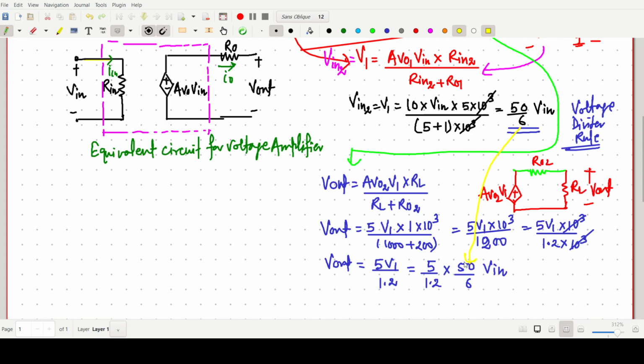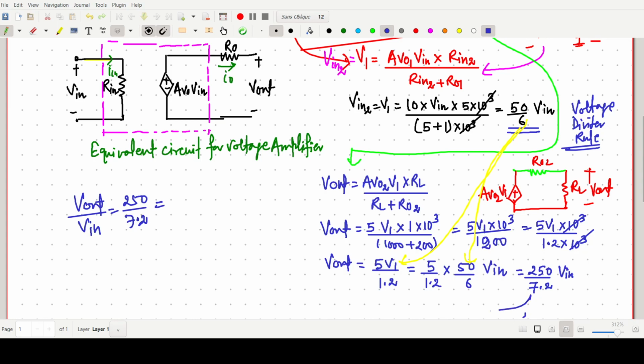So what next? 5 times 50 is 250, then 7.2, and V in. So I am writing here V output by V in equals 250 by 7.2.